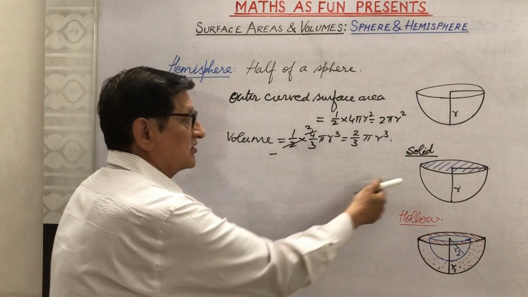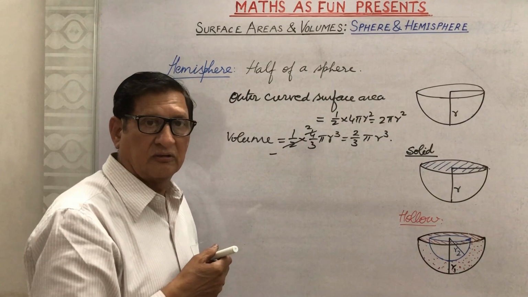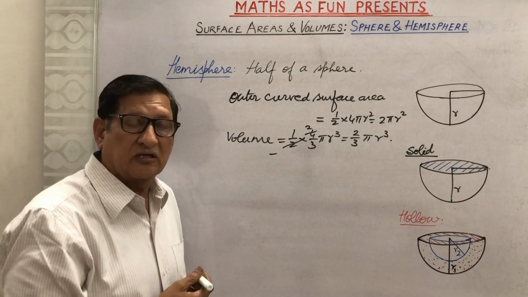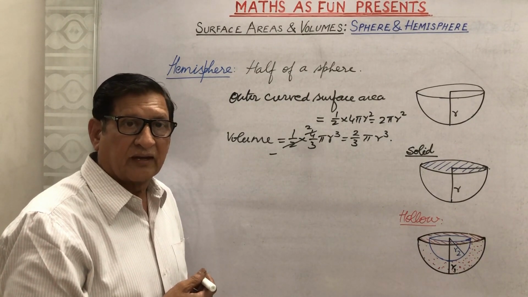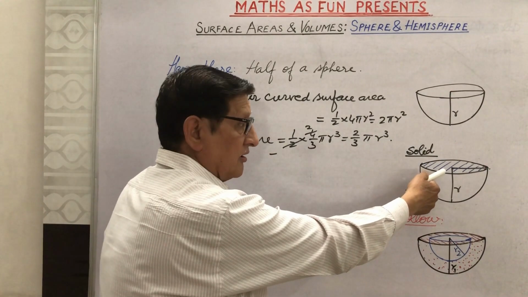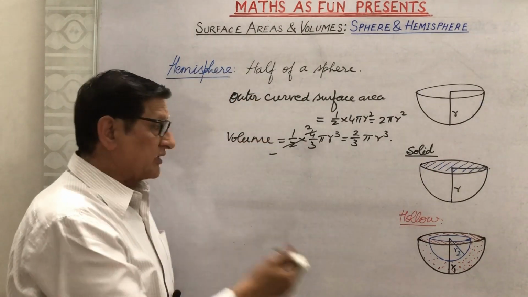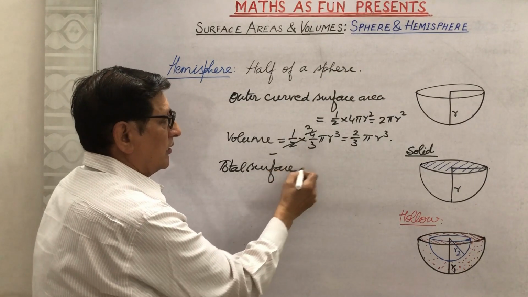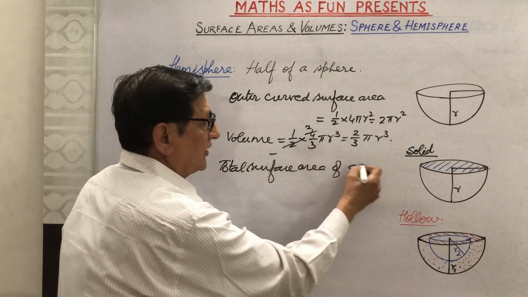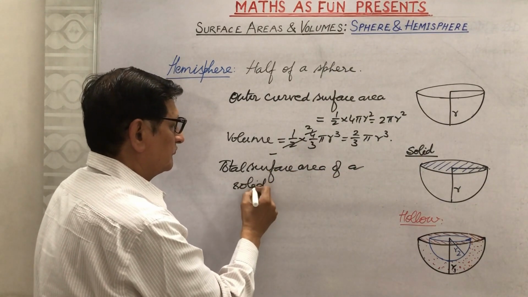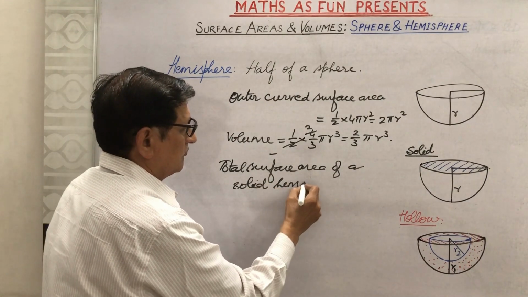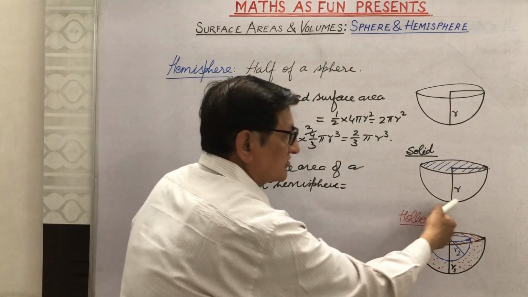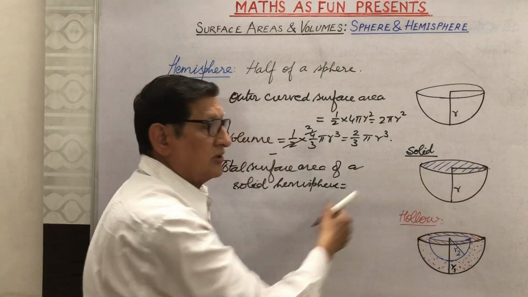Now suppose it is a solid hemisphere. Then the top you will find is also a surface, and that is circular. It means the total surface area of a solid hemisphere will be equal to curved surface area plus the area of the top.